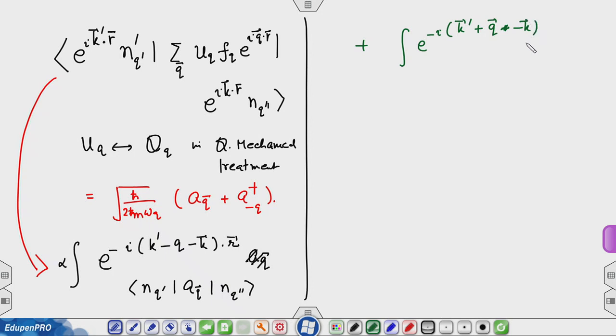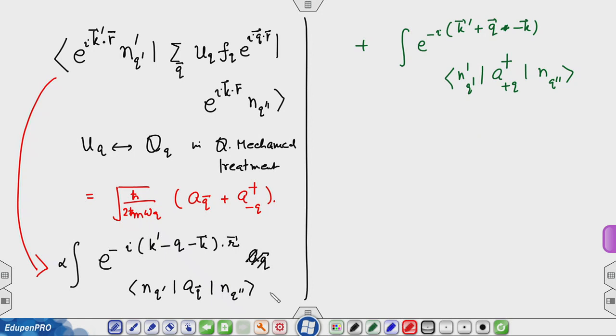I have made it plus q because I am going to change the a_q part to a_{-q} dagger, n_q double prime and n_q prime, and the rest are all constants.